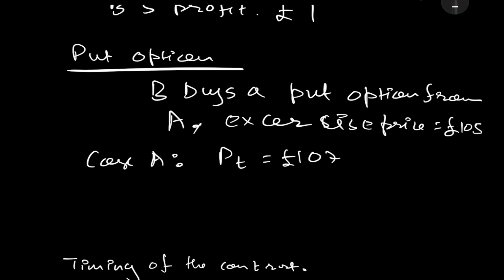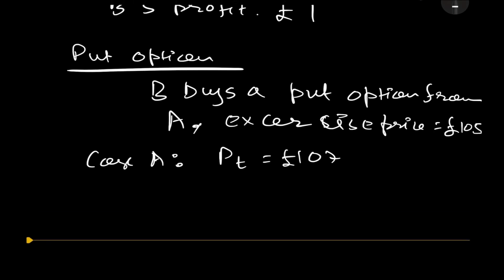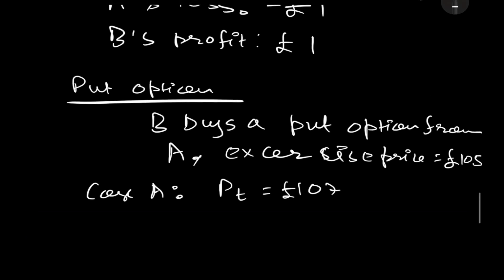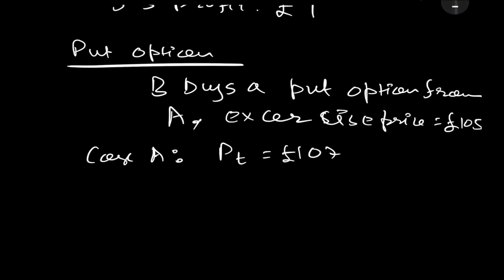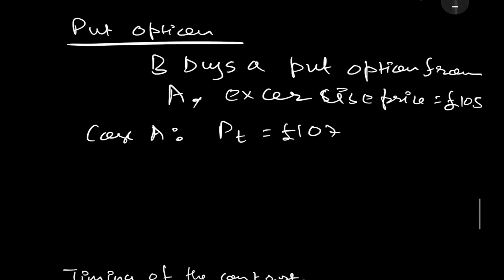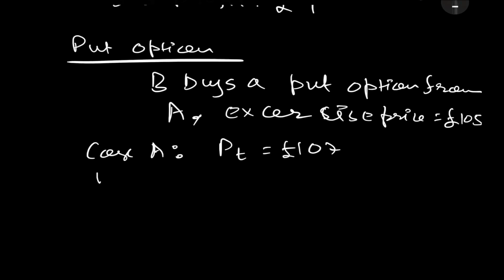Okay. Now the price goes higher. Now B has a right to sell the contract to A for 105. But the point is B can sell in the open market for 107. So why would B exercise this option? So B won't exercise this option.